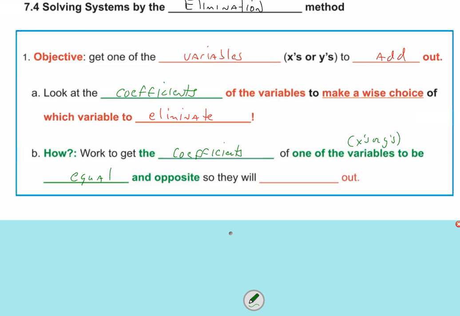For example, if you had 5x and a negative 5x, when you add them up, what do you get? 0. If you had negative 3y and a positive 3y, when you add them up, you get 0. And they're gone. Whoosh. They're eliminated. And hence the elimination method. So again, you're doing this to get them to add out. That's how they get eliminated, by getting them to add out.